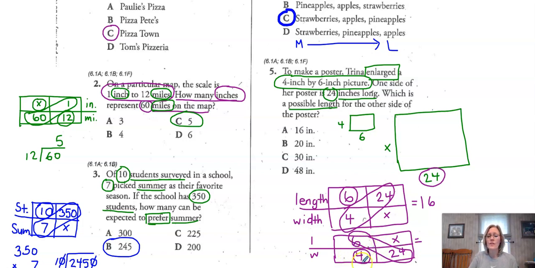And 144 divided by that 4 right there would have given me 36, which was not here as a choice. That's why they say, what's the possible length? Well, it could have possibly been 16, or it could have possibly been 36. 16 was the only answer that they gave us for that one.